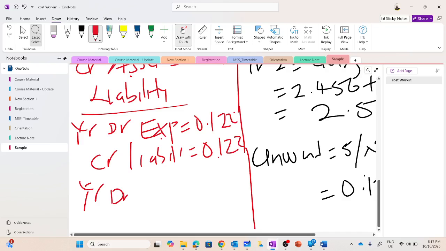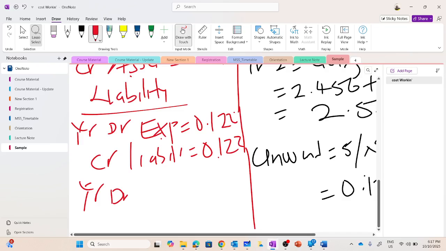So this is how we are going to do it. We are going to do the same for year 3 till year 10. So automatically at year 10, the closing liability will equal $4 million. So basically, this is the concept you need to know for unwinding.